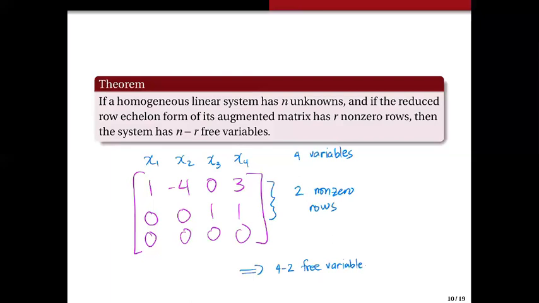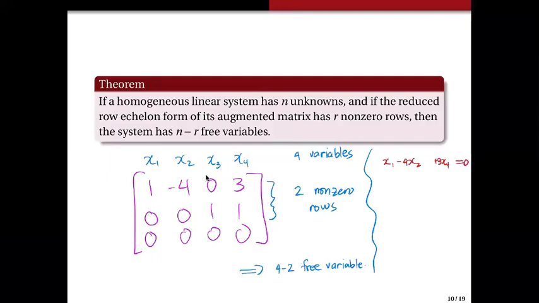So what are these free variables? These variables will take the parameters. Let us try to understand this. We can write this in equation form. We have x1 minus 4x2 plus 3x4 equals 0.